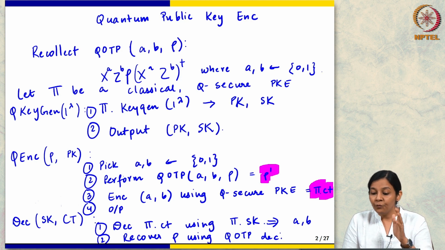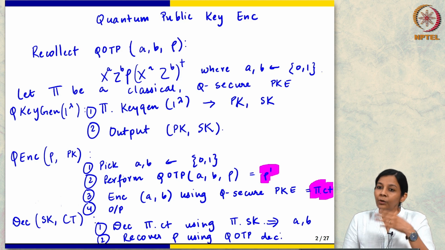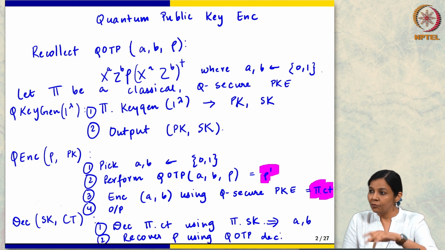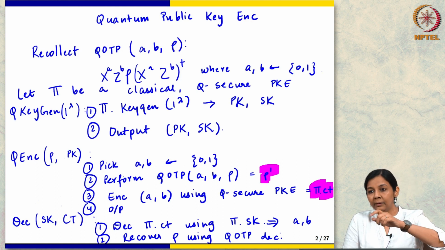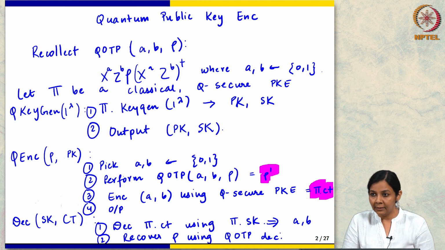So, we are using the fact that the secret key of the QOTP is actually classical bits. We could encrypt that using a classical scheme, and the QOTP can hide quantum information. So, it is a two step process, and the secret key of the QOTP we will hide using a classical PKE.